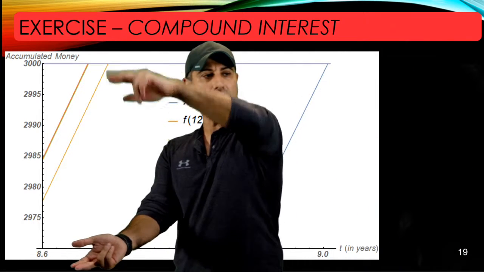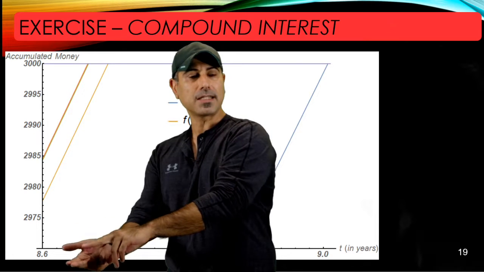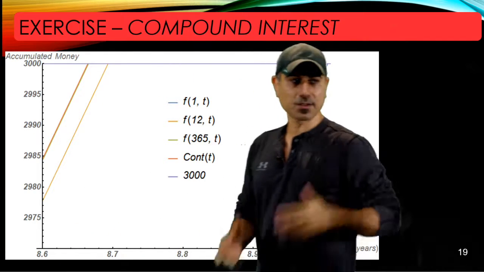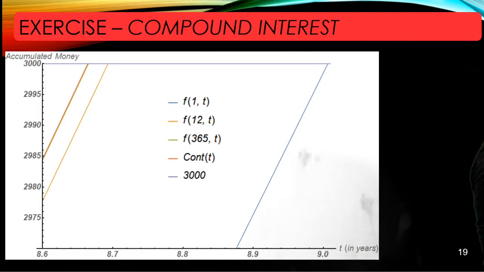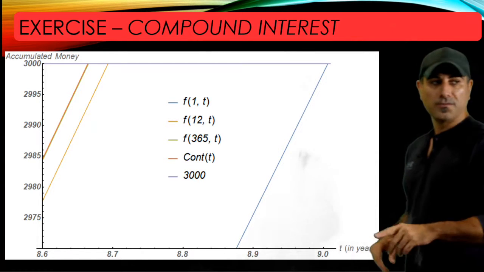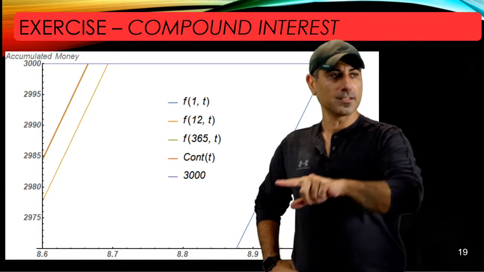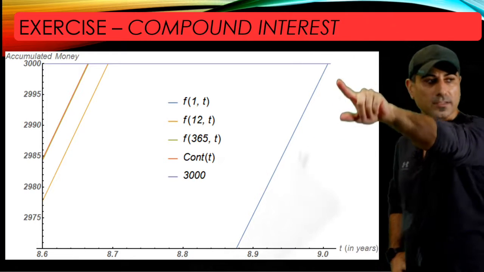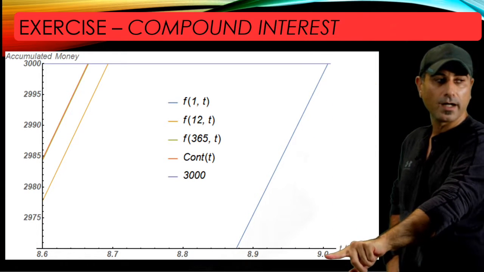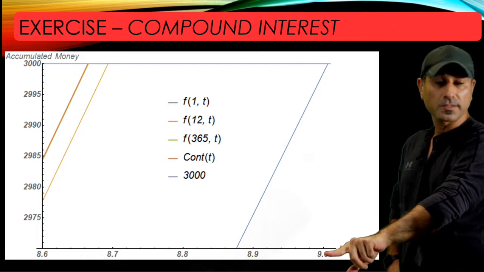I put y-min to be 2970 and y-max to be 3000, so that I can get a better outlook of these functions. If you compound annually, that's the worst case to reach $3,000. That's almost 9 years you have to wait.